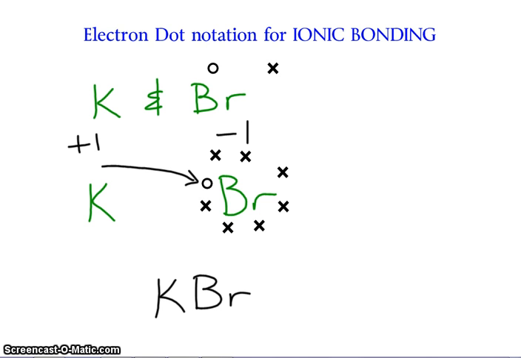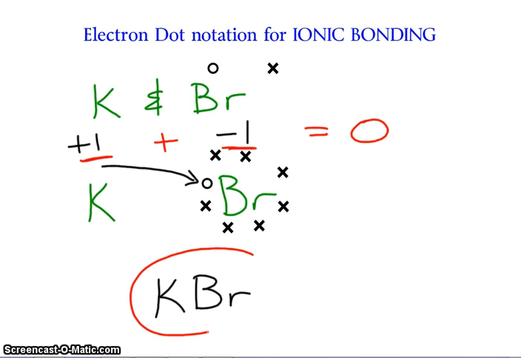Notice that the charge on the potassium plus the charge on the bromide equals 0. The overall charge on ionic compounds is 0. So all the positive charges added to all the negative charges must always equal 0 for a correct ionic formula.